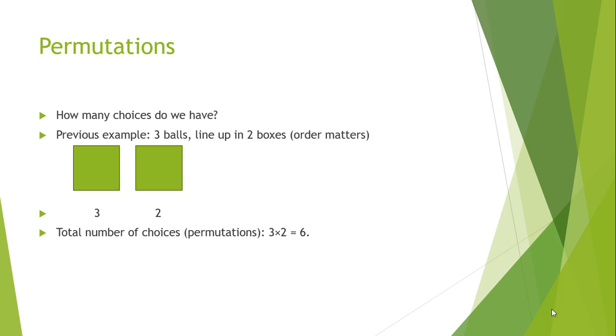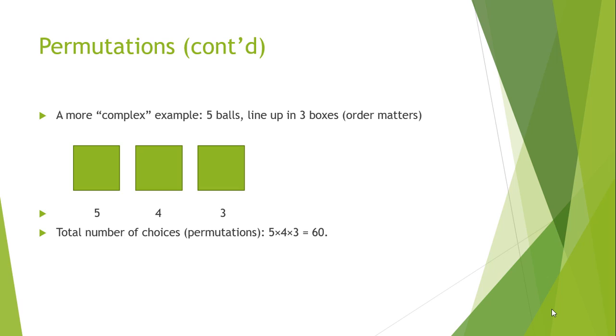Well, how many possibilities do we have in total? For the first box, we have 3 possibilities. And for the second box, we have 2 possibilities for each possibility in the first box. So in total, we have 3 times 2, which is 6 possibilities.